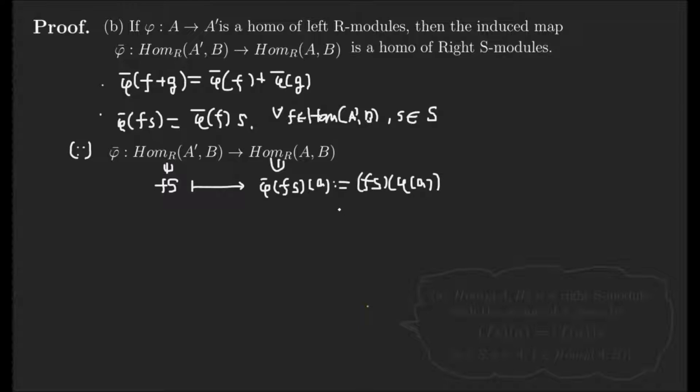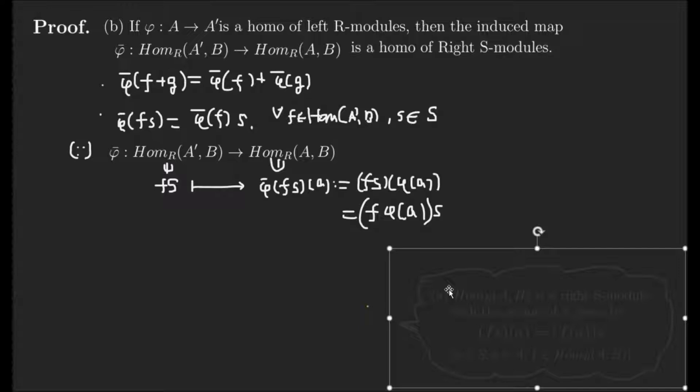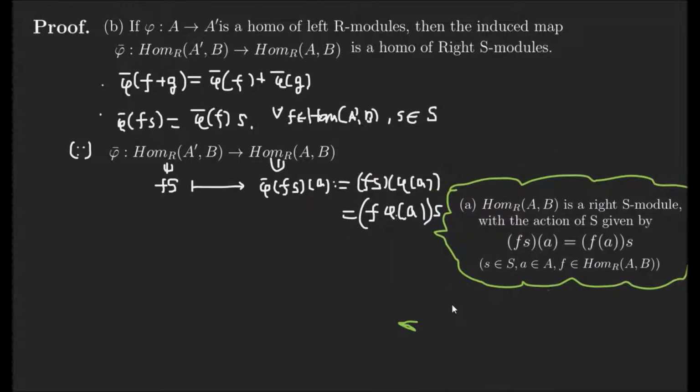Then this is written as f(phi(a))s. Why is this written like this? Because Hom_R(A, B) is an R-S module, clearly (fs)(a) is f(a)s, and in this case phi(a) instead of a. This is the definition.